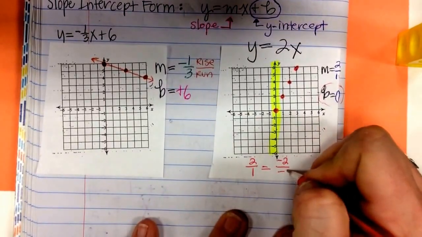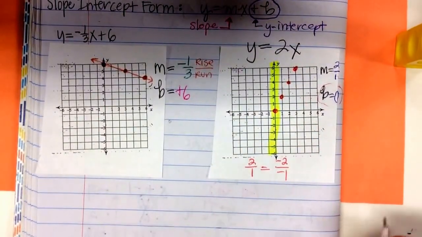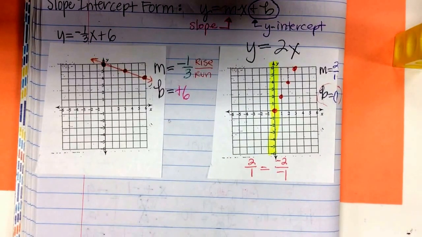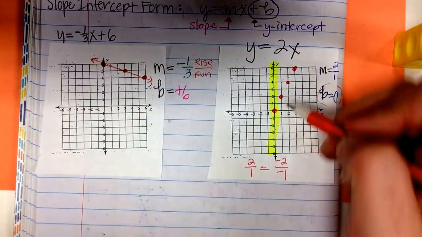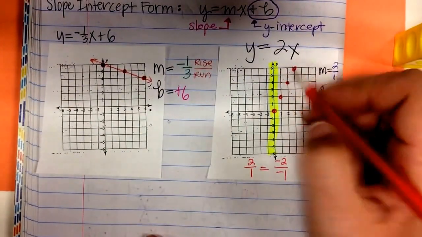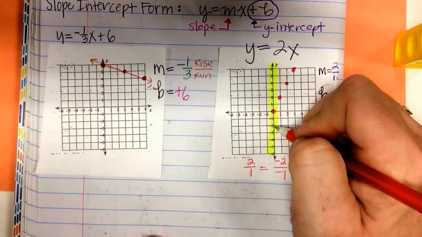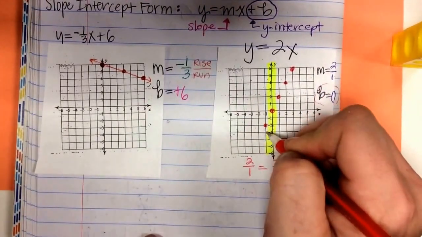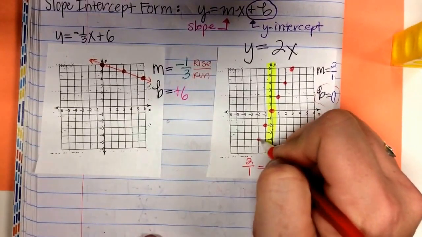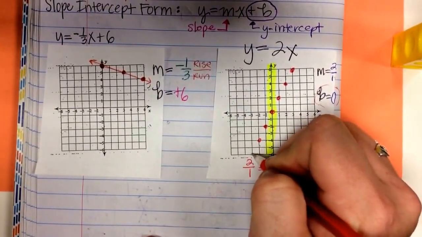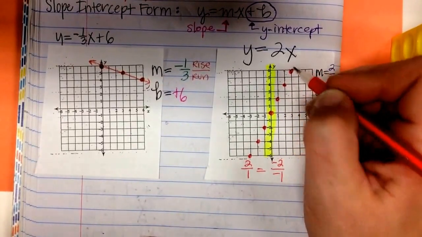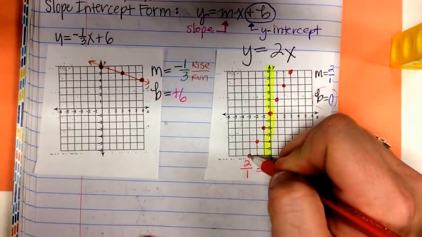Negative 2 over negative 1 is the exact same as 2 over 1. How come? 2 negatives make a positive. So I can even put more dots on here because I can go down 2 and backward 1. Because more dots means your line is straighter. And this concept is going to come in really handy when we work with something called systems.